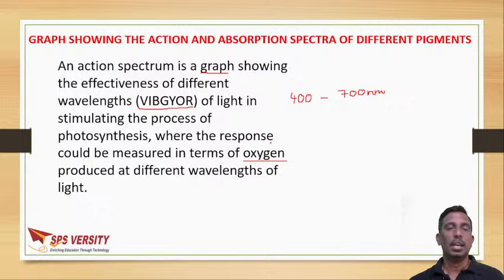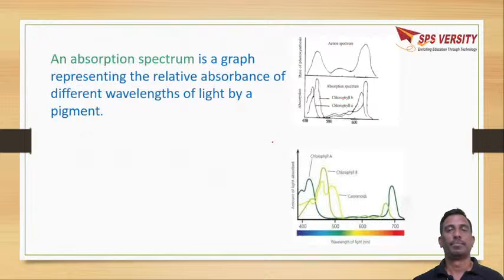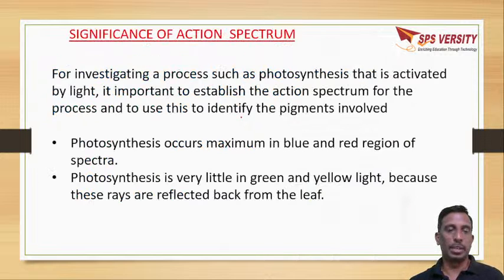So you can see this is an action spectrum graph, where the rate of photosynthesis is at peak at these two points, where the absorbance of different wavelengths of light is at peak.